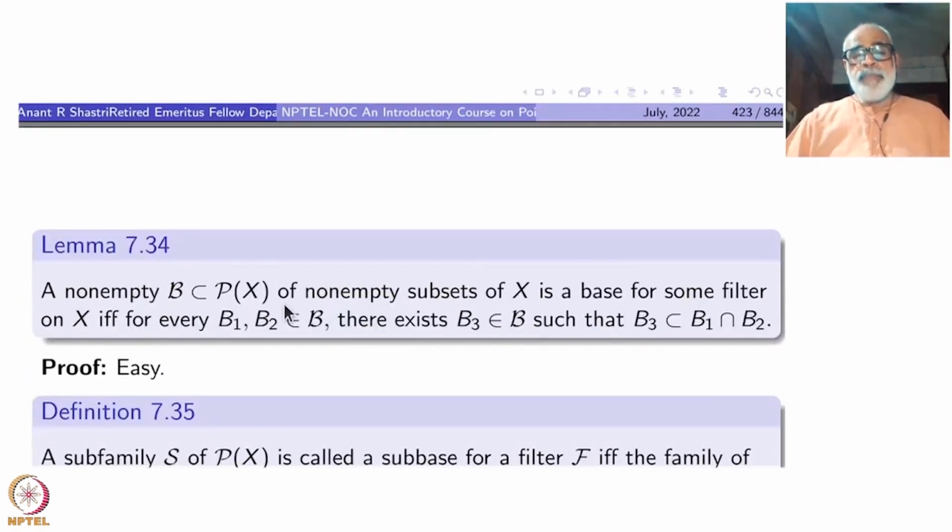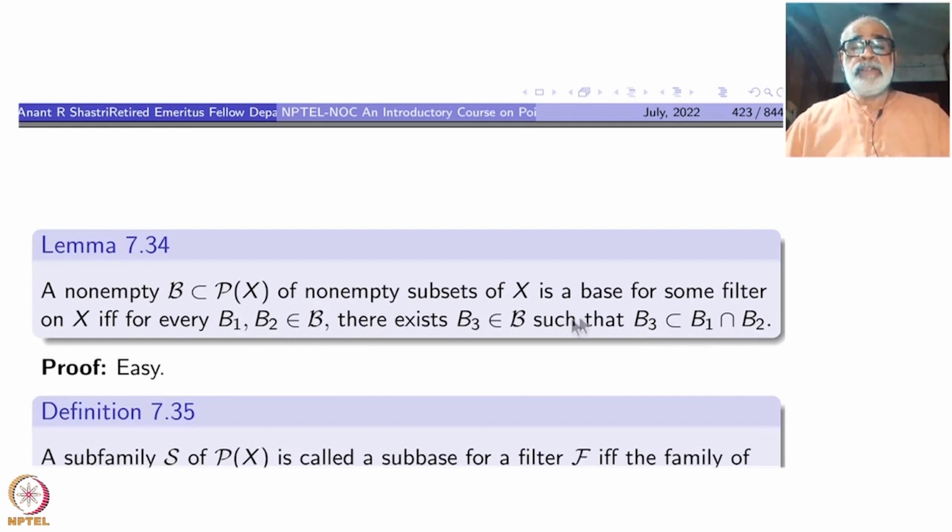A non-empty B contained inside P(X) of non-empty subsets of X is a base for some filter on X if and only if for B1, B2 belonging to B, there exists B3 belonging to B such that B3 is contained inside B1 intersection B2.